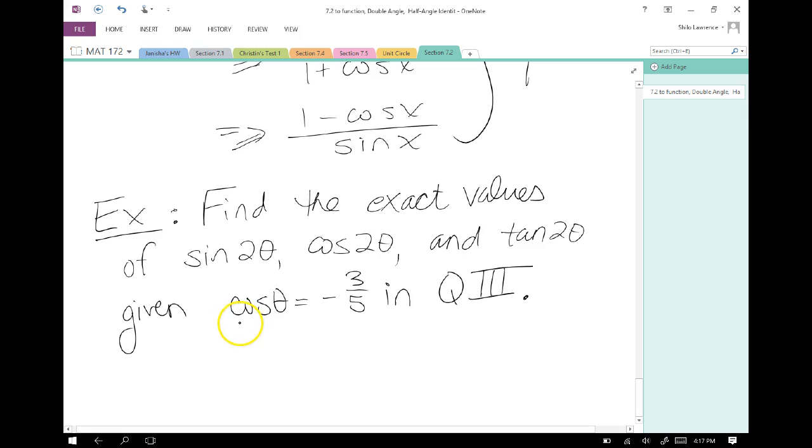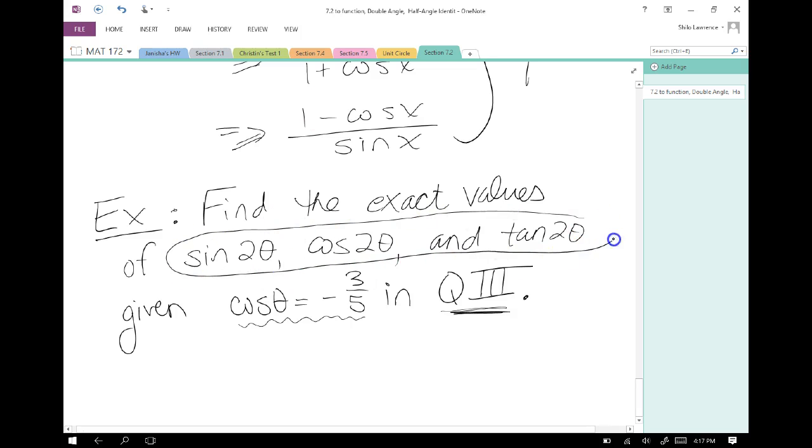So we know a little bit about the original angle and what quadrant we're working in, and we want to know what's going on with the trig values of double that angle.